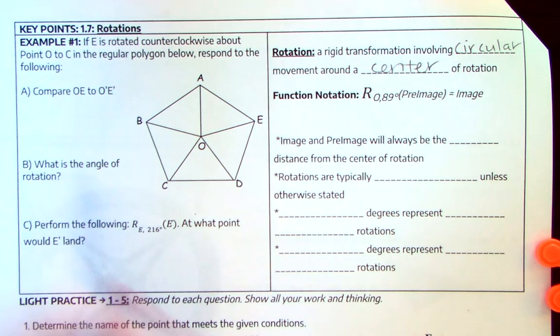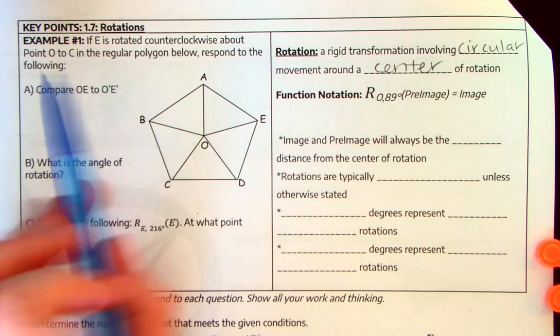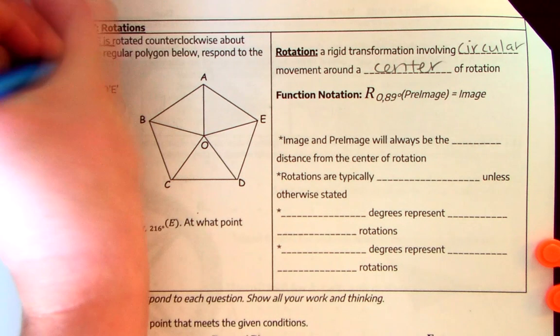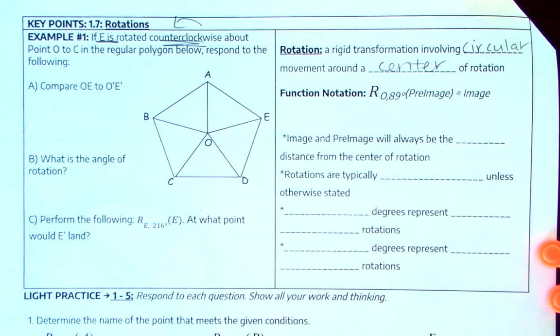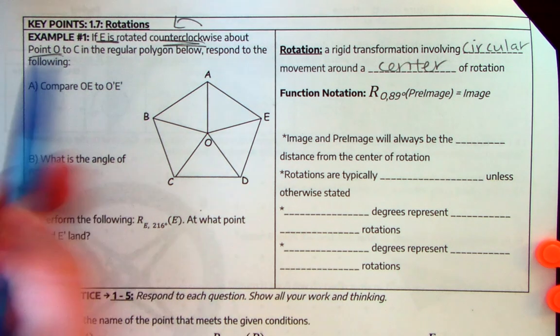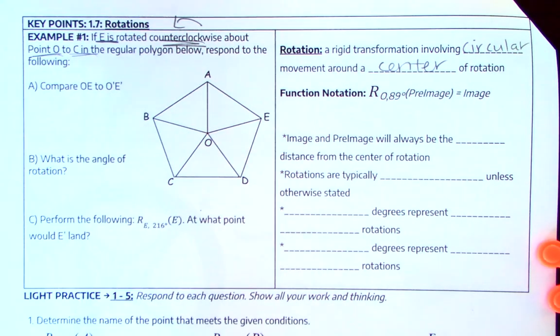So how we can see this in shapes and geometry is, let's think if E is rotated counterclockwise, so to the left, about point O, to C in the regular polygon below. We're going to respond to the following. So we're going to think of a few things first.